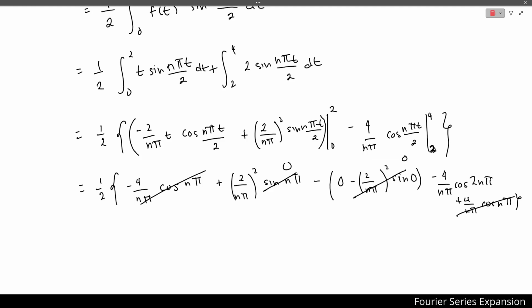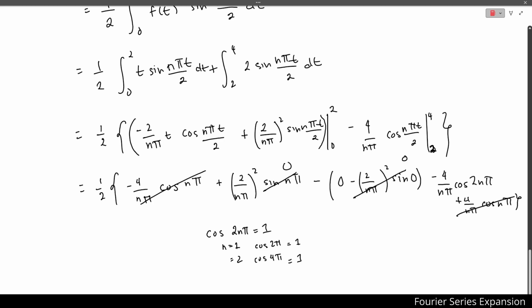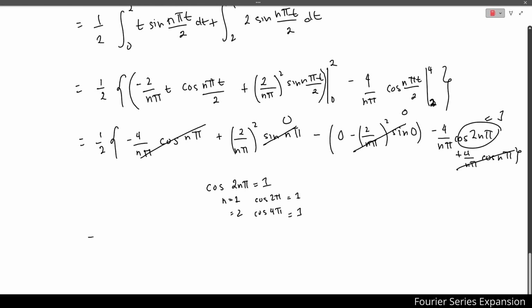Cosine 2n pi: for any value of n, if n is 1, cosine 2 pi; n is 2, cosine 4 pi. This is always equal to 1. Ang matitira lang sa atin is 1 half, negative 4 over n pi.